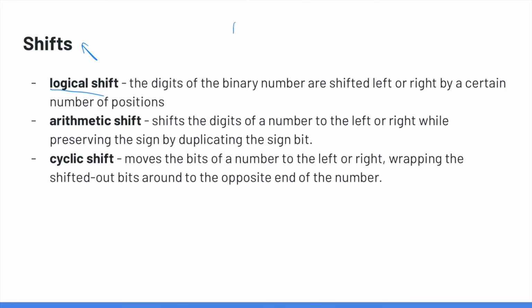So for example, if we have 0, 0, 1, 0, 1, 1, 1, and we do a logical shift, let's say we do a logical shift to the right by 3 digits. That basically means we're going to get rid of these 3 digits, right? Well, actually, no, we got 3 zeros.